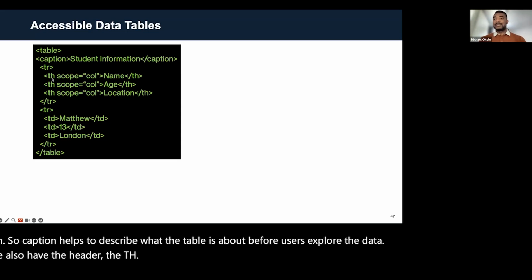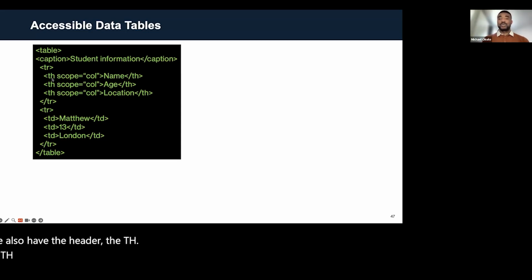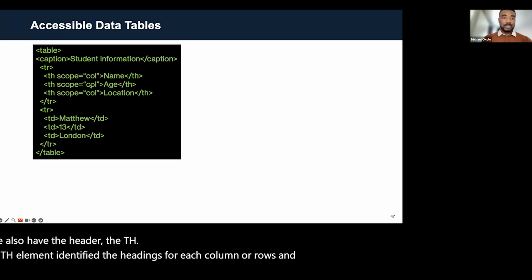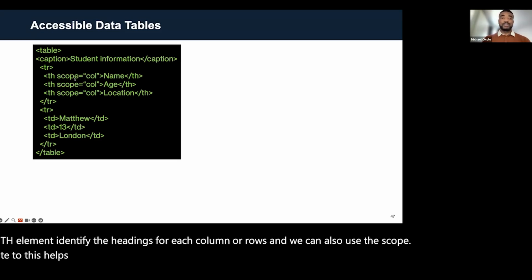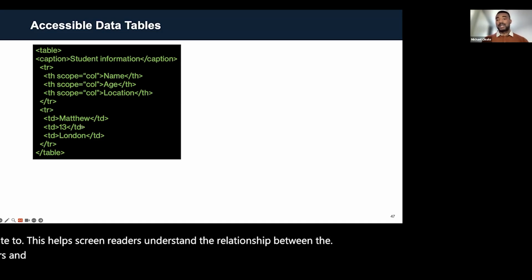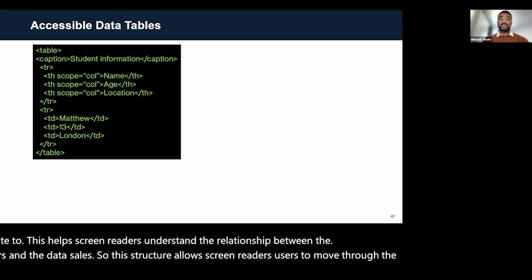The TH elements identify the headings for each column or row, and we can also use the scope attribute. This helps screen readers understand the relationship between the headers and the data cells. This structure allows screen reader users to move through the table and understand exactly what data belongs to which header.